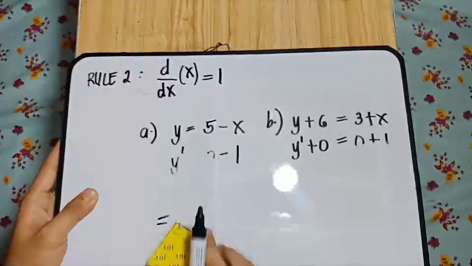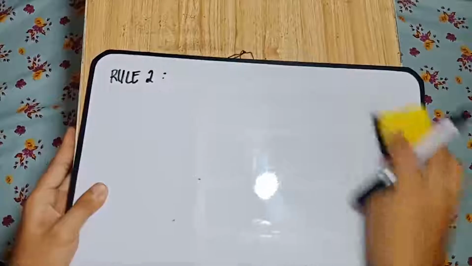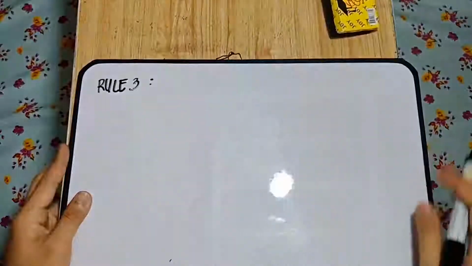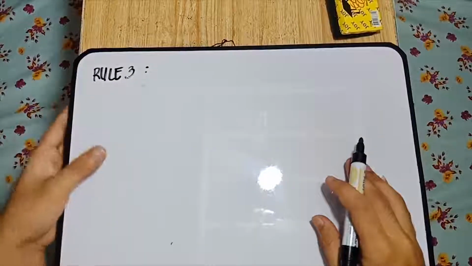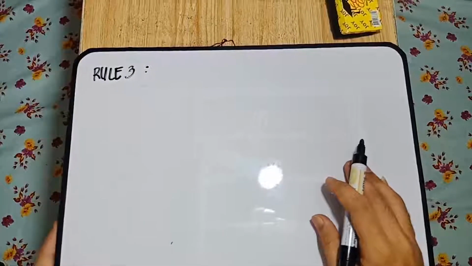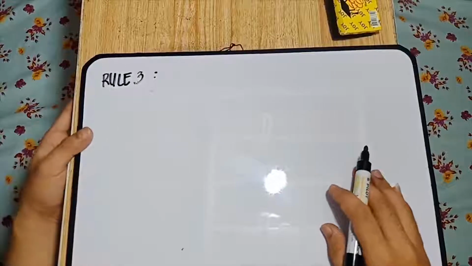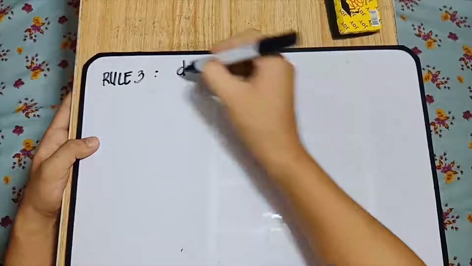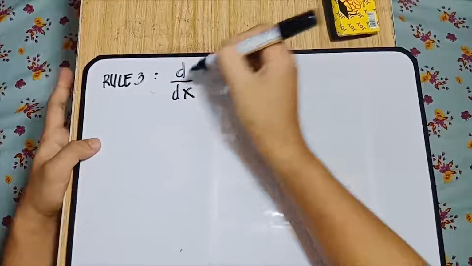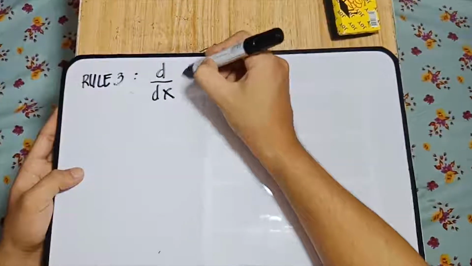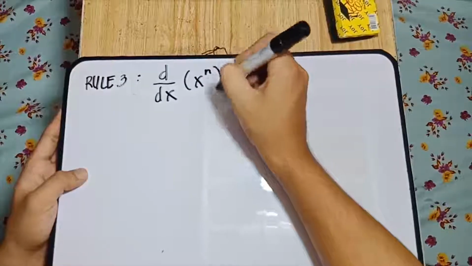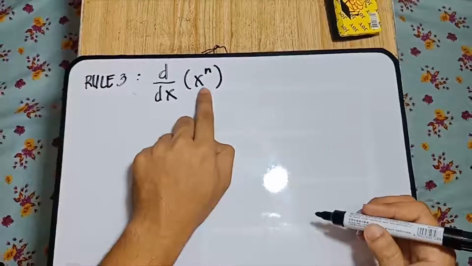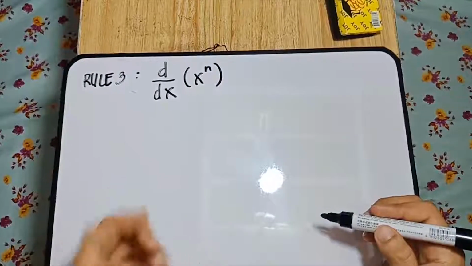So, rule number 3 tayo. Dali lang, ano? Rule number 3 is the power rule. If you are required to find the derivative of, let's say, x raised to n, the derivative of x raised to n in terms of x, yung n na yan is any exponent.